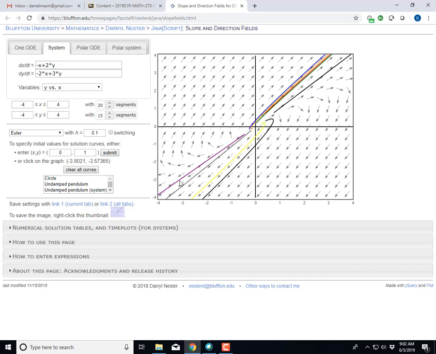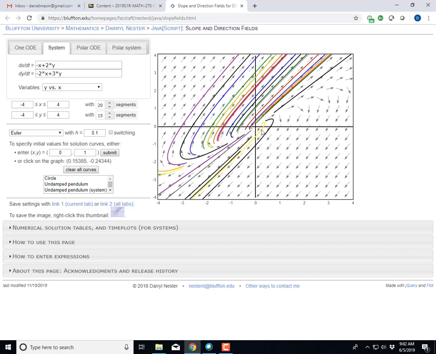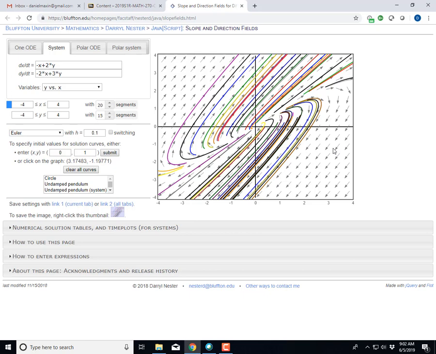So a single straight line solution where the motion is away from 0, because the only eigenvalue here is 1, which is positive. That's the only straight line solution corresponding to the single eigenvector. All other solutions are curved, moving away from the equilibrium point. So unstable node or repelling degenerate node.